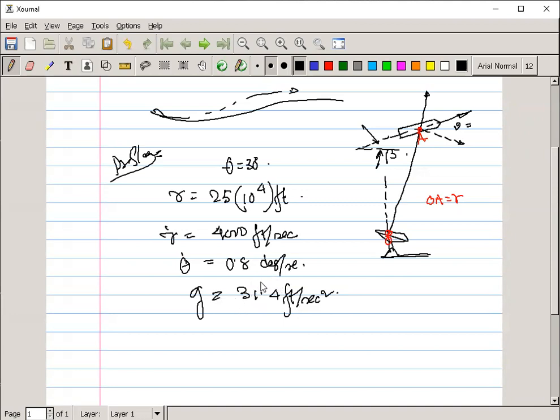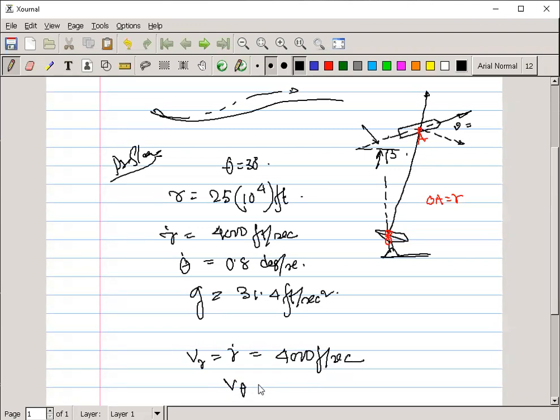Clear? So what we have to do is find, using the polar coordinate system, the angular acceleration, or we can say the rate of change of the angular velocity. To do that, these data have been given. So v along the radial direction, along this direction I am talking about, that is v r is equal to r dot, which is given as 4000 feet per second.